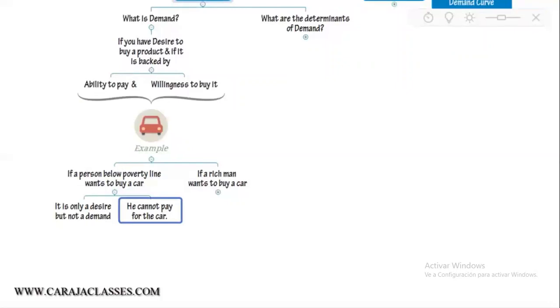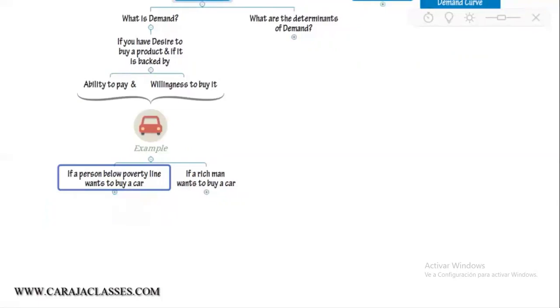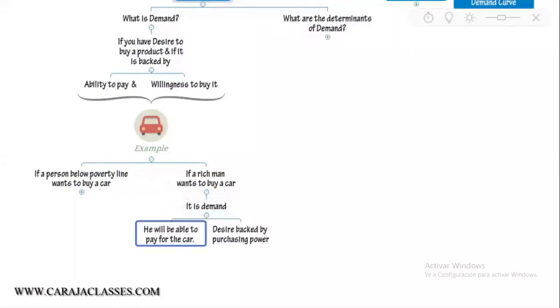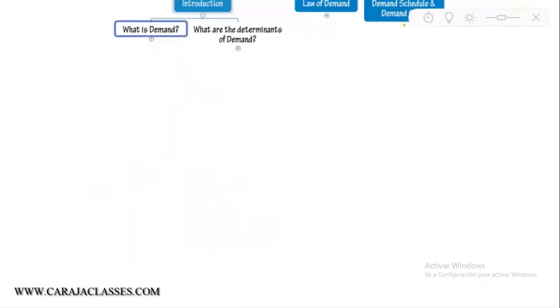So here it is only a desire and not a demand. But on the other side, let's say a rich man wants to buy a car, then we can say it's a demand because he has a desire and that is backed by ability to purchase. That is, he'll be able to pay for that car. That desire is backed by purchasing power. So this is about demand.